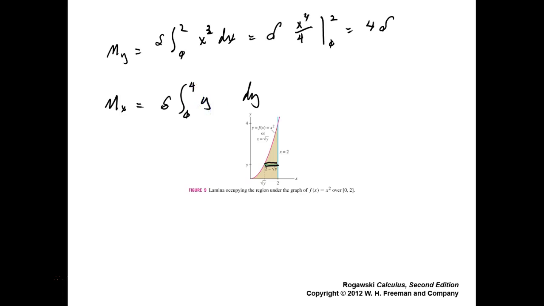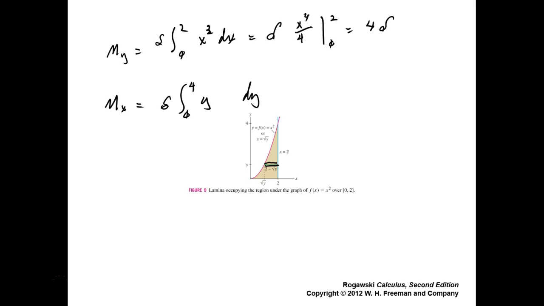Now what we have to do is get the length of this. And the length of this is the right-hand endpoint minus the left-hand endpoint. And you want this in terms of y. Well, if y is equal to x squared, that's the same as saying x is equal to the square root of y, right?